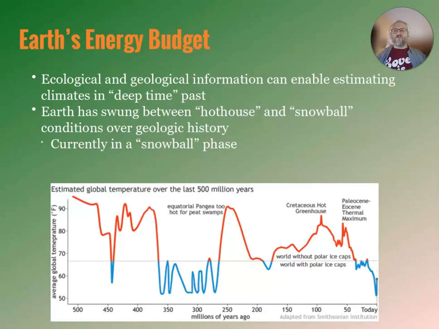Despite the recent warming that we've seen, we're still overall colder as compared to the entire geological history of the Earth, because we do still have ice caps at the North and South Pole. For significant periods of the Earth's history, say, most of the Mesozoic, there was no ice at either pole. The Earth overall was too warm to maintain that ice anywhere on the planet, but today we do have that ice there, so we are in one of those snowball phases, at least for the moment.